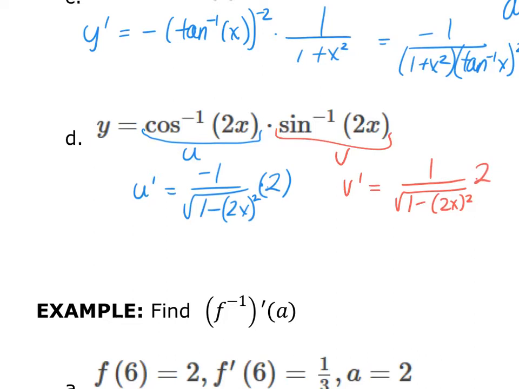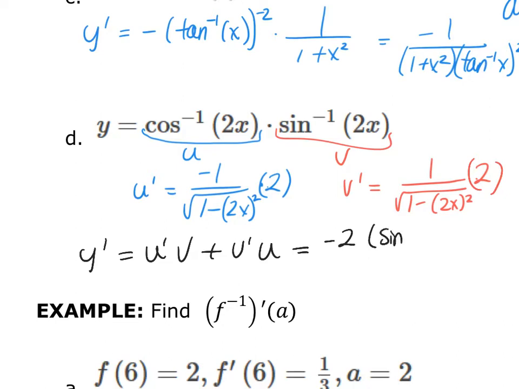Now all I have to do is y prime is going to equal u prime v plus v prime u. So for this example, this will equal negative 2 multiplied by the sine inverse of 2x divided by 1 minus 2x quantity squared, or you can put 4x squared, that's fine.